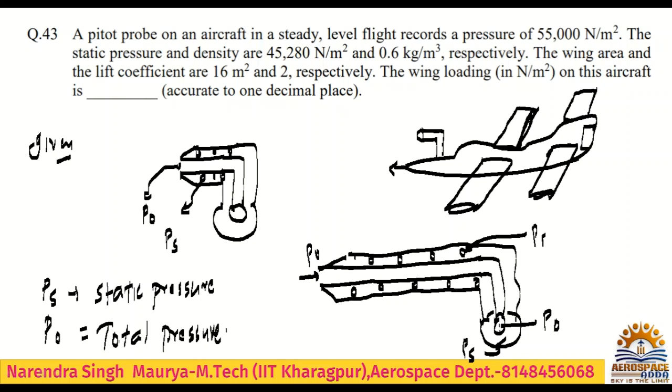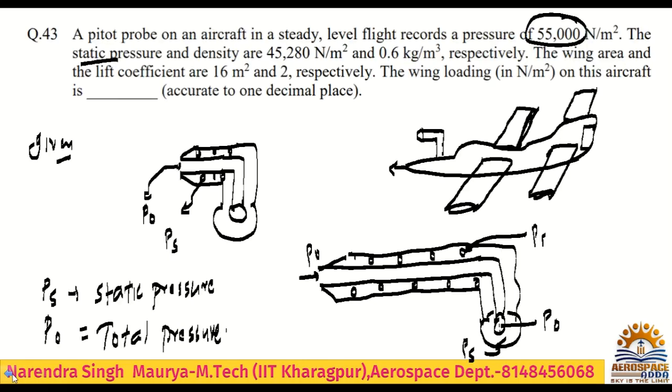So they have given data. We'll write the data. Level flight records total and static pressure. See, both pressures they have given to you. So P naught, we'll write this value.